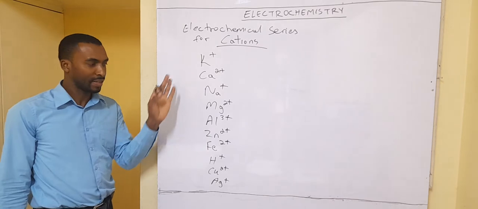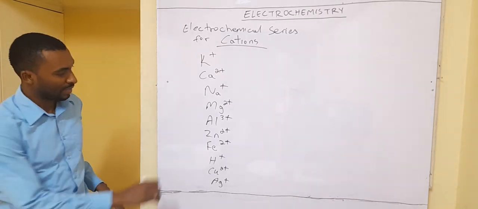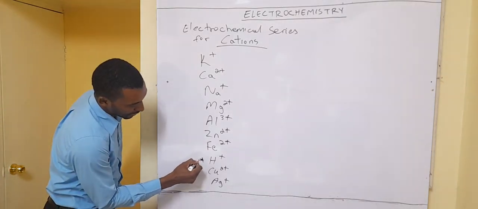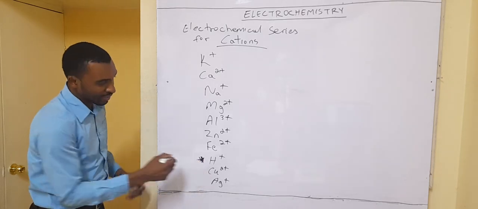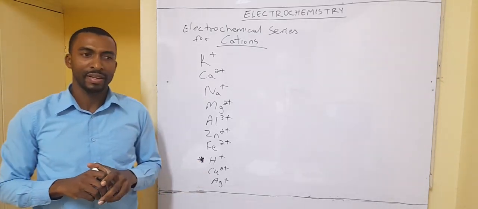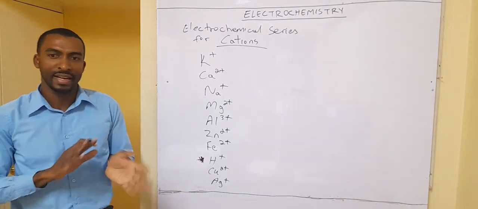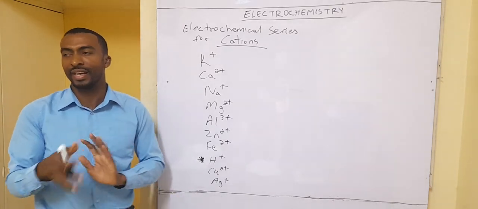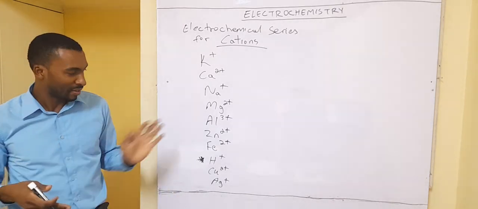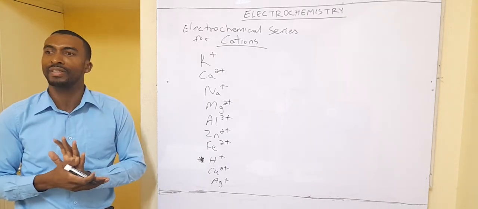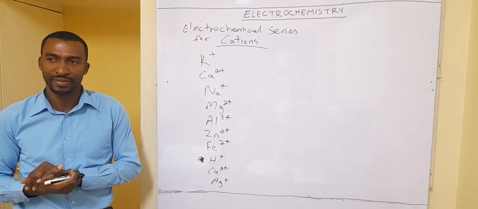This is some, but you can get the full table from the book. Just remember that we tend to put hydrogen so we can have an idea. Remember that in electrolysis, the hydrogen will tend to be discharged at the cathode as well. So hydrogen behaves similar to the metals because it's positively charged as well. Clear?